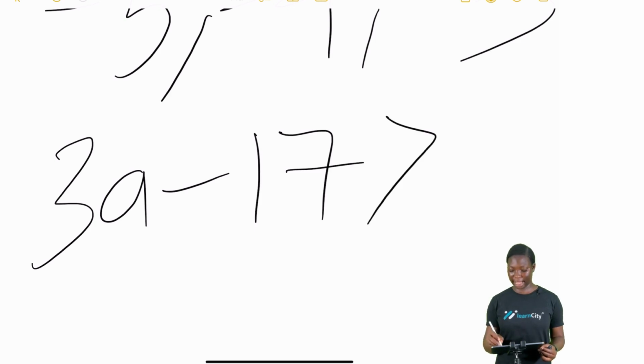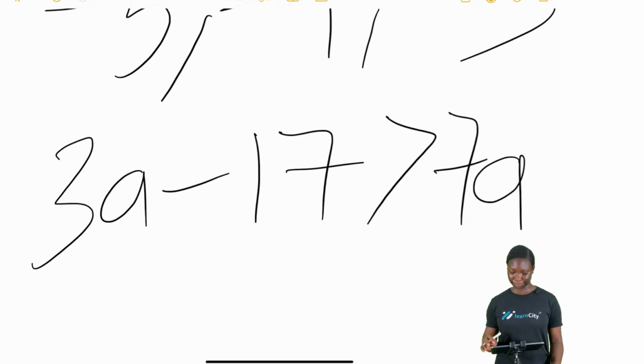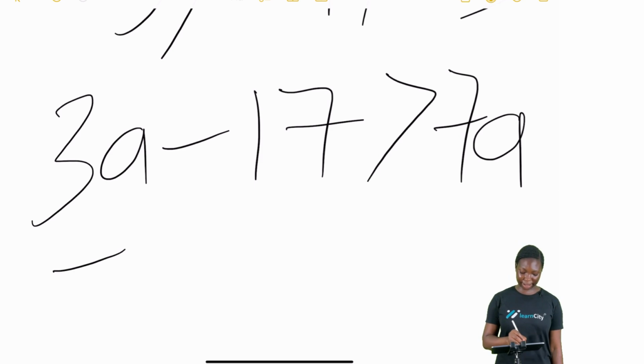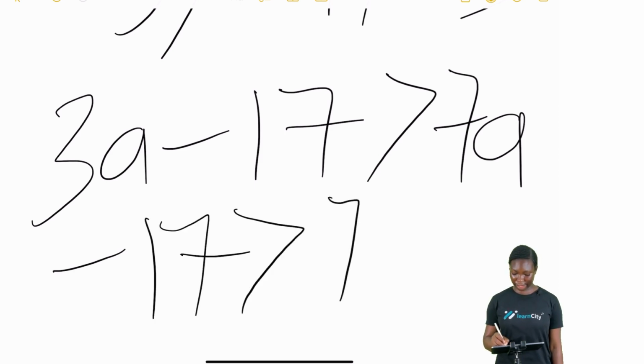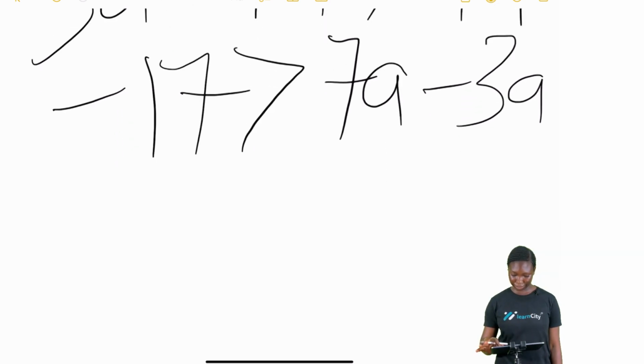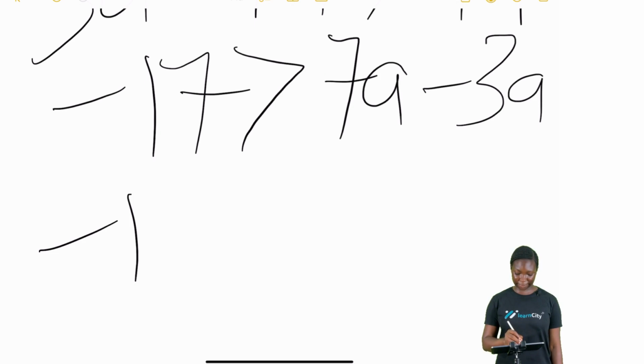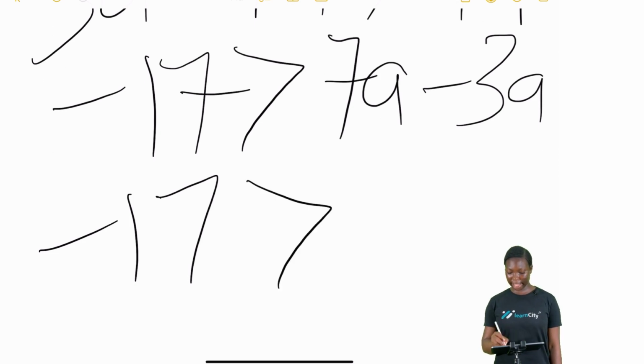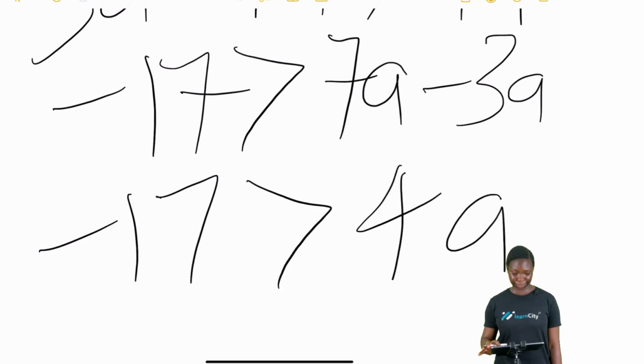Now the next question says 3a minus 17 greater than 7a. So we have minus 17 greater than 7a minus 3a. So we have minus 17 greater than 4a.